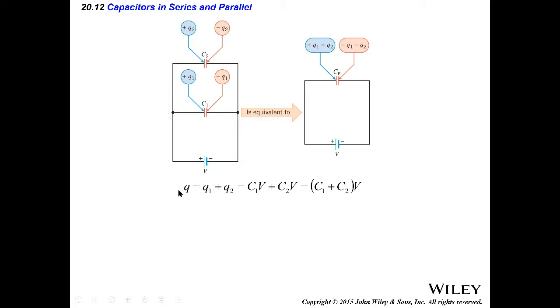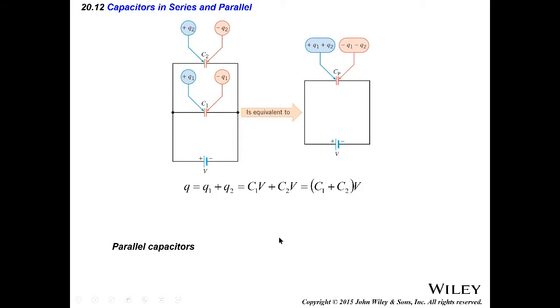But I know I could not have lost any charge. So Q total is now (C1 plus C2) times V, because it is C1V plus C2V. Part of my charge came here, part of my charge came there. Therefore, this now is my equivalent capacitance.